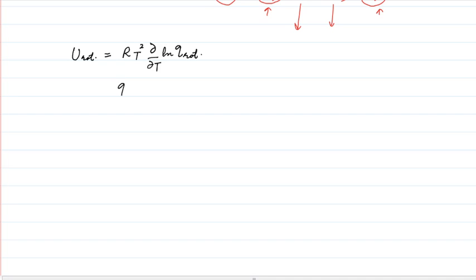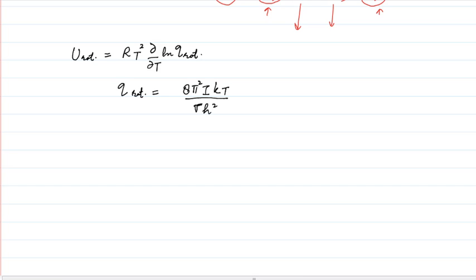Q rotational is related by the expression 8π²IkT upon σh².